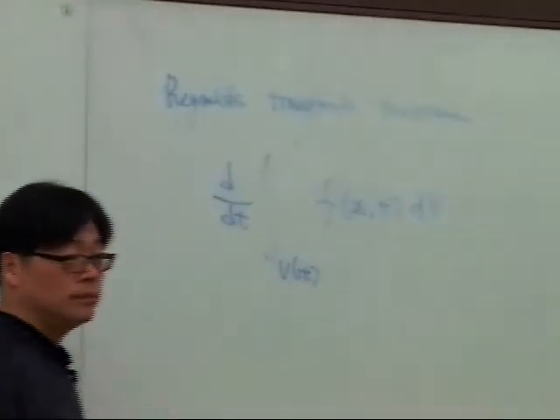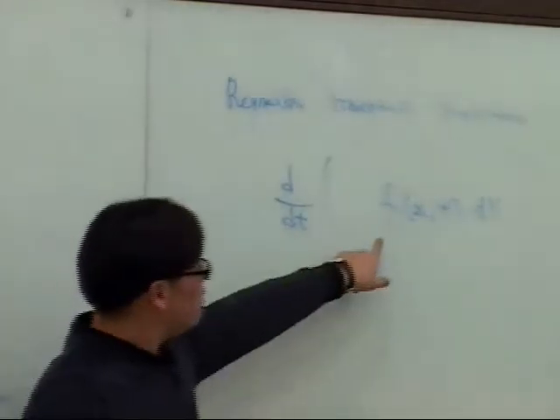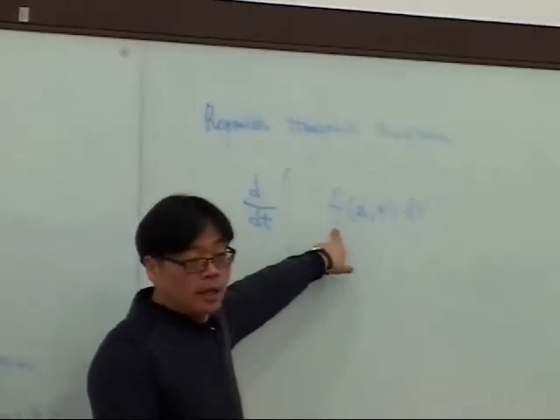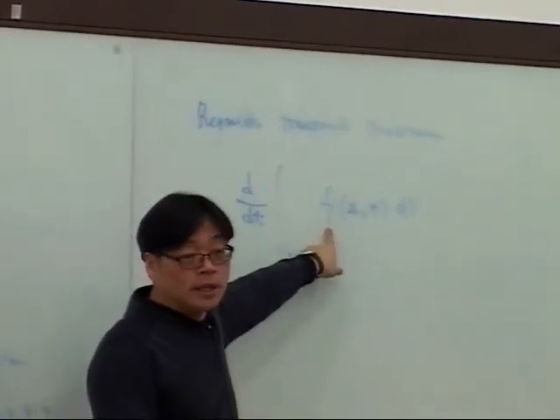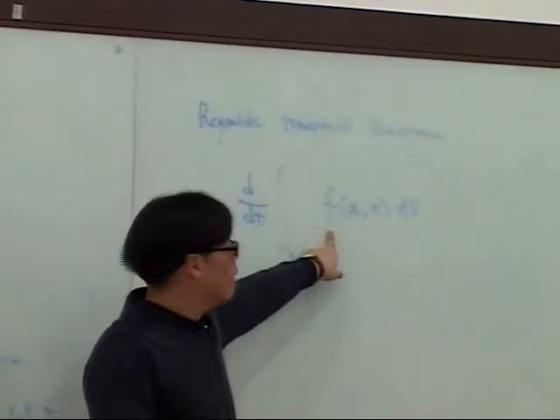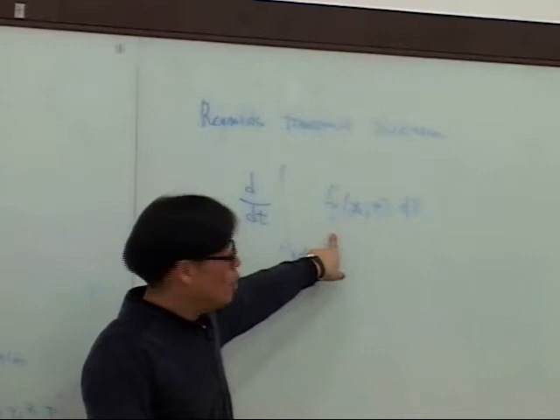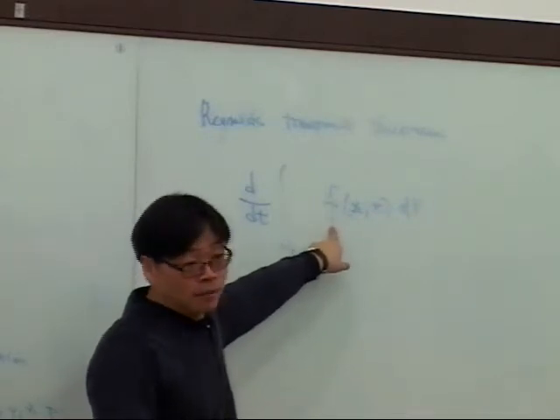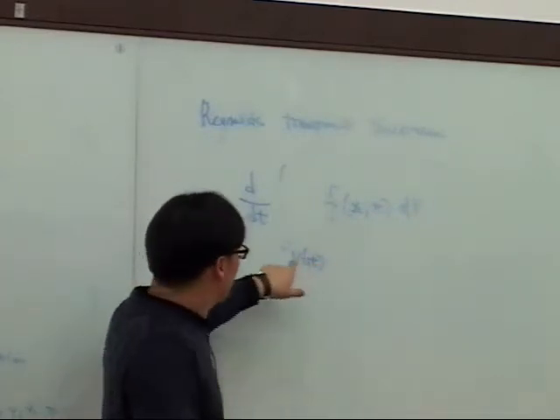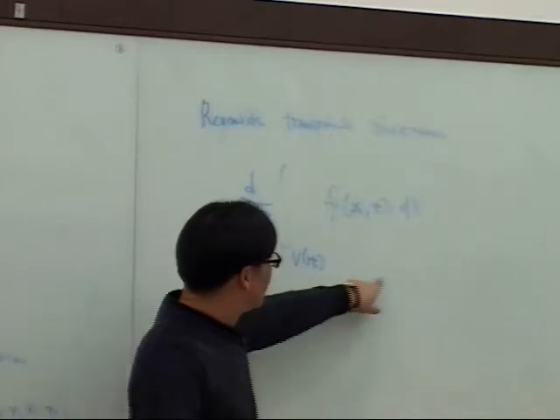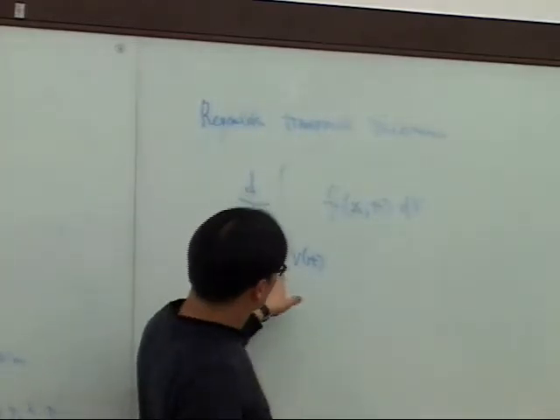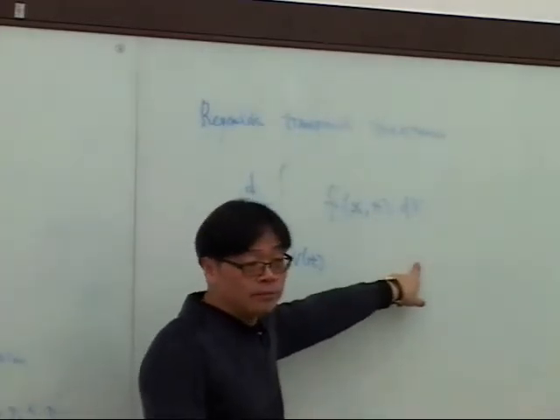This F can be the density, or the velocity, or it can be density times velocity, and then we take the volume integral.